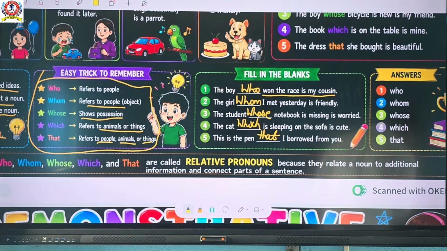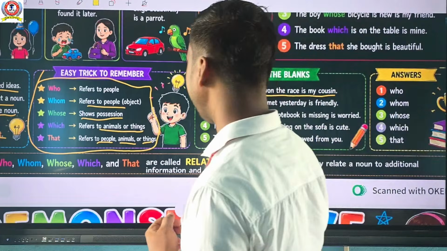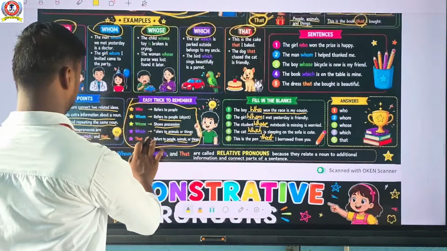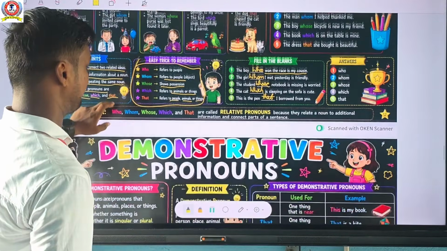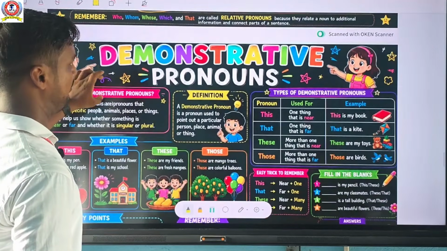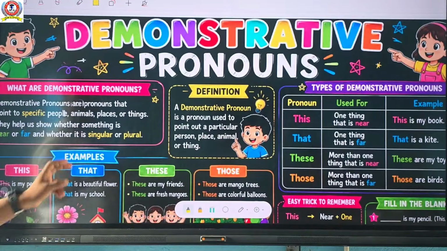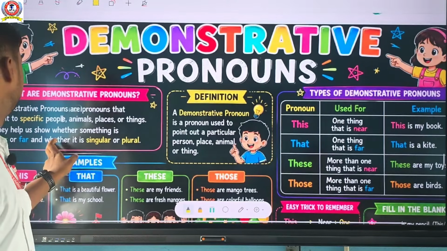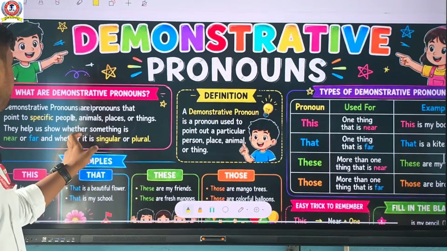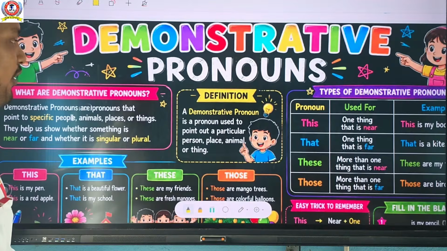We are going to the next phase. Next pronouns is demonstrative pronouns. So what are demonstrative pronouns?